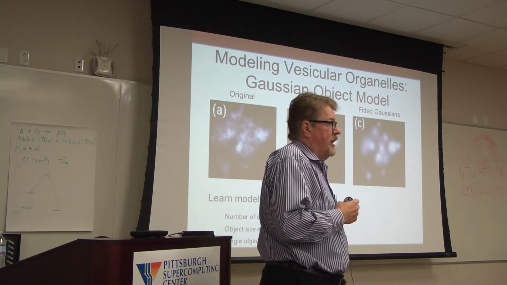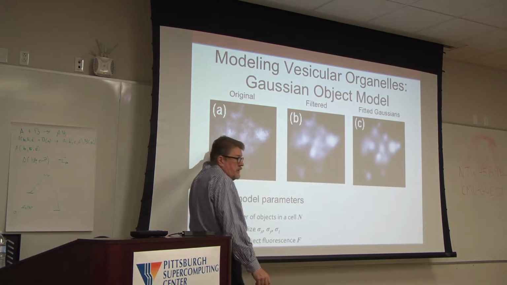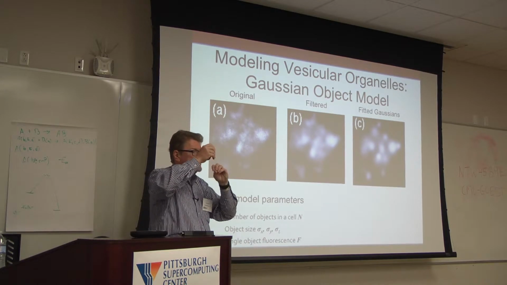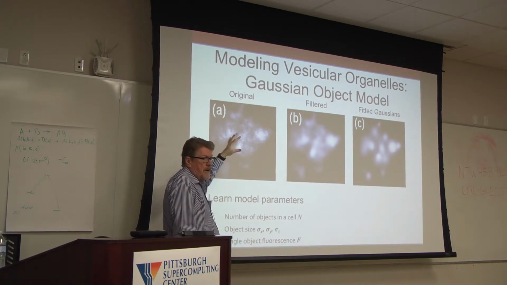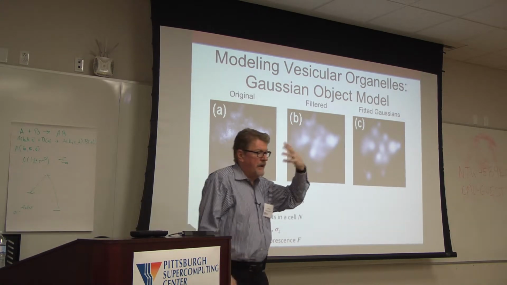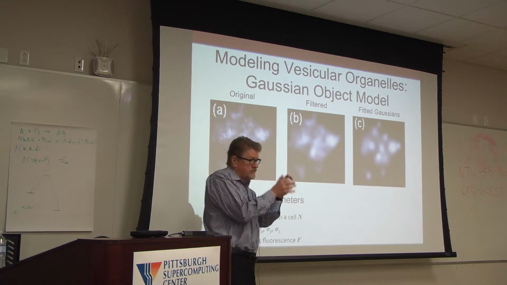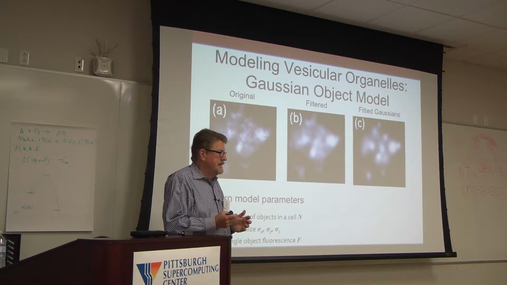Here's where I start making my generative model assumptions. I could model this as texture. I could just say lysosomes are just little blobs of fluorescence, and I'll make a texture model of this. But I add in my parametric assumption, which is lysosomes are actually membrane-bound organelles that are sort of roundish.